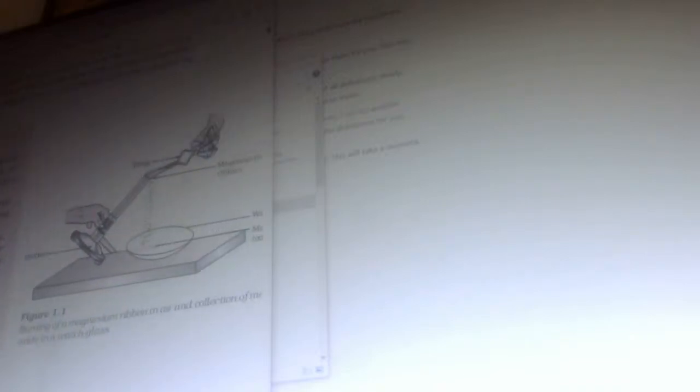Let me just go to that file. This is which activity? This is the magnesium ribbon. That is Mg plus O2 gives you MgO.